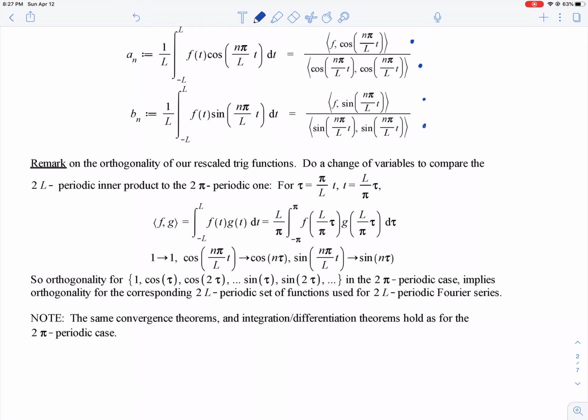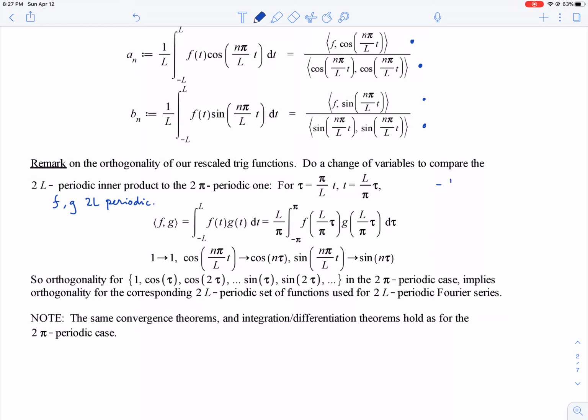And we'll do it with a change of variables. So in general, if we have functions f and g, which are 2L periodic, let's do a change of variables.